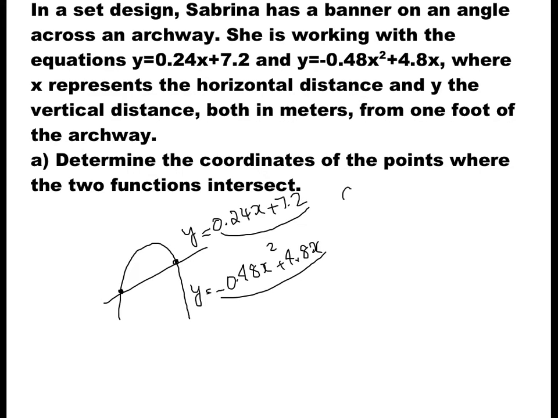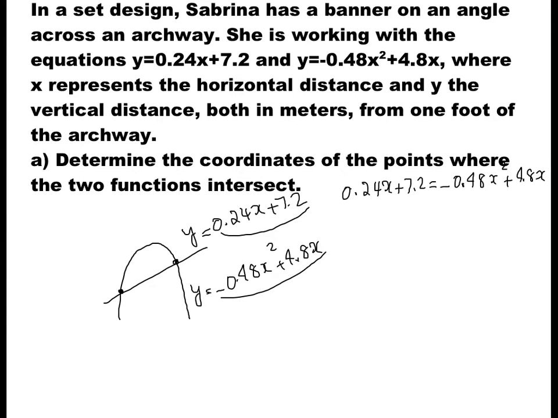So we can say that 0.24x plus 7.2 has to be equal to negative 0.48x squared plus 4.8x. We are using the substitution technique. We're substituting y from one equation into the other one.